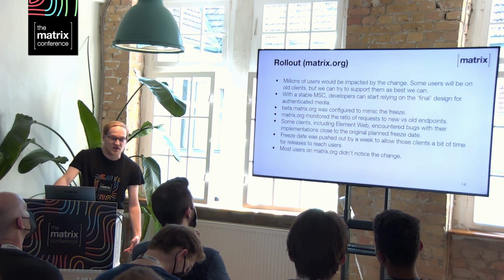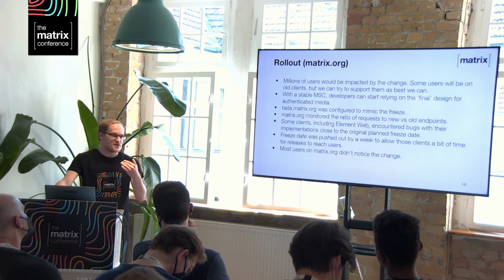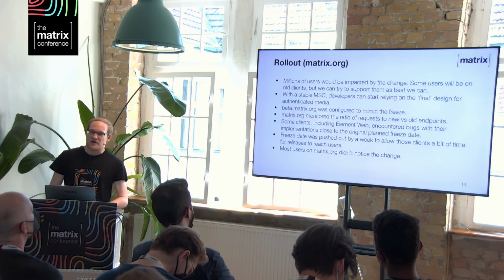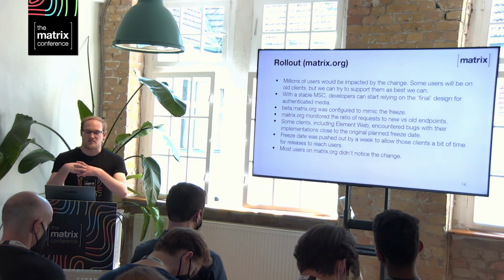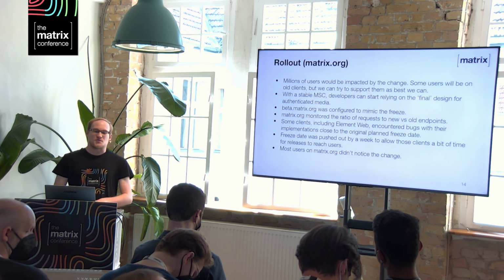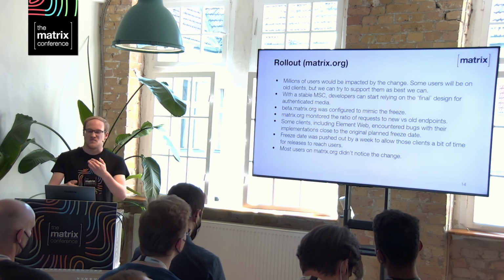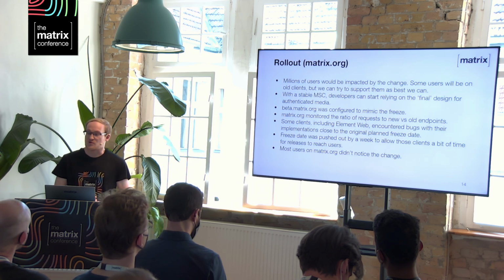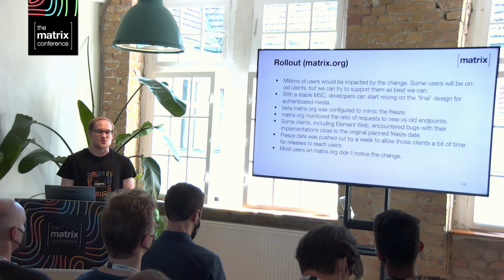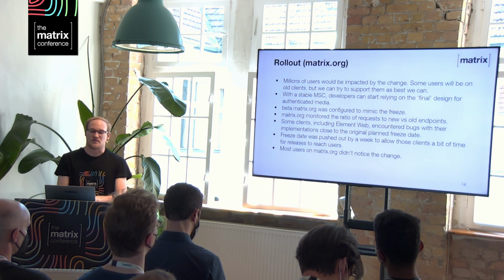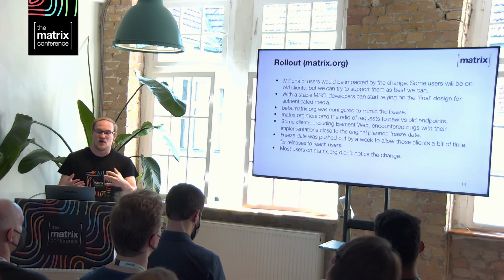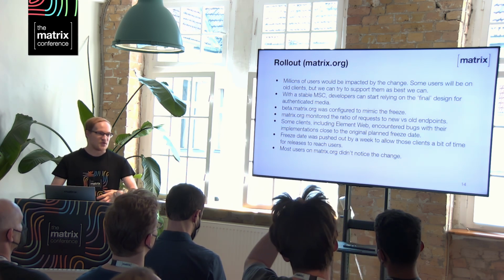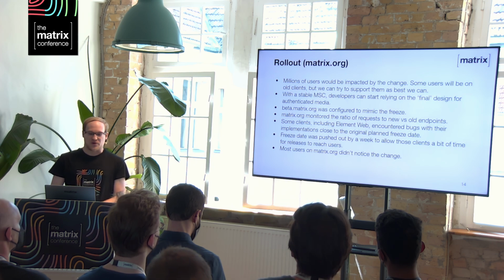Developers can also start relying on that final design now that it's between final comment period and actual MSC acceptance. We can try to make sure that developers have those features early and that users aren't as impacted. We can help our matrix.org users by making sure that their clients are also updated and actually working.